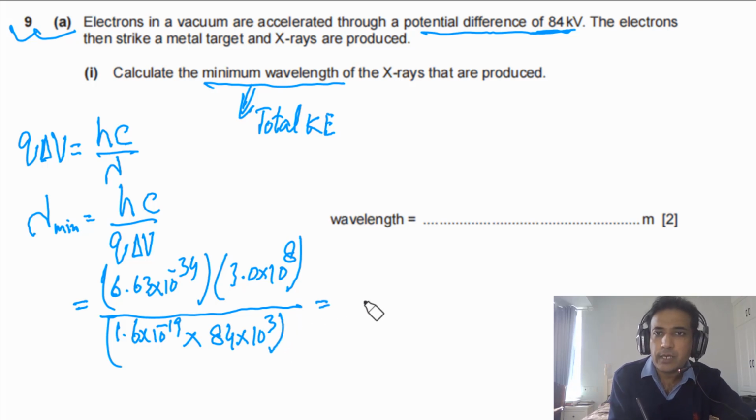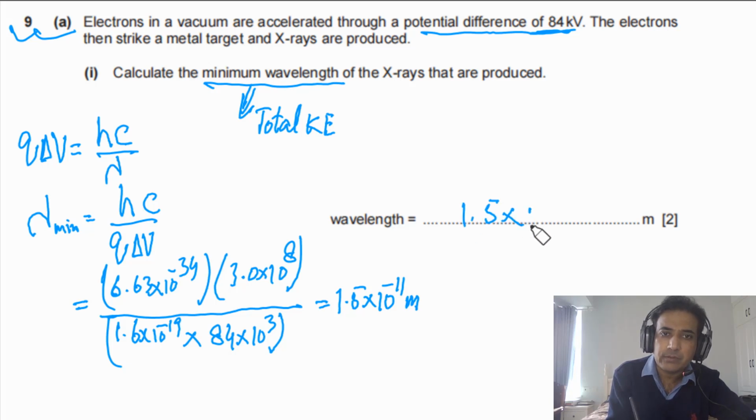Now if we simplify, in this case we will get 1.5 times 10 to the minus 11 meters. So this is the minimum wavelength. If you have done this one, you will get 2 marks for this question.